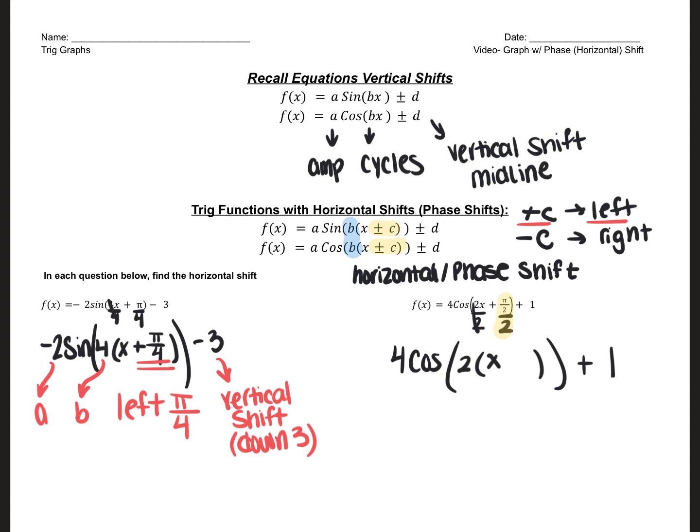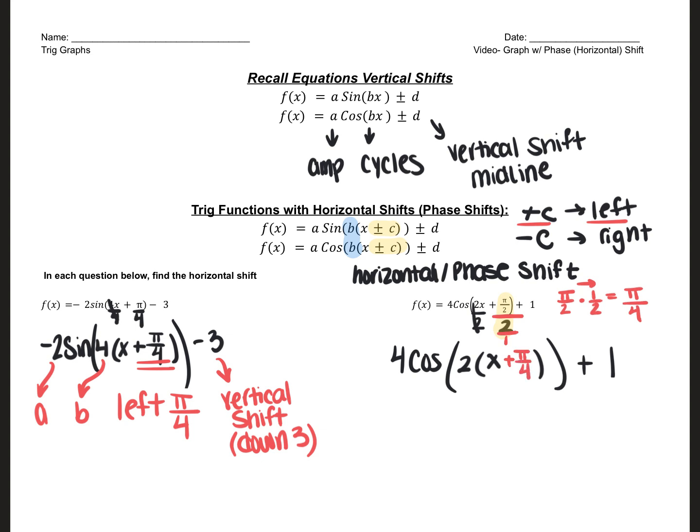So the only way that's going to work is if we keep change flip. So we're going to keep the pi over 2, change the division to a multiplication, and flip the 2, or the 2 over 1, to be 1/2. And we multiply straight across. Pi times 1 is pi, and 2 times 2 is 4. So plus pi over 4.